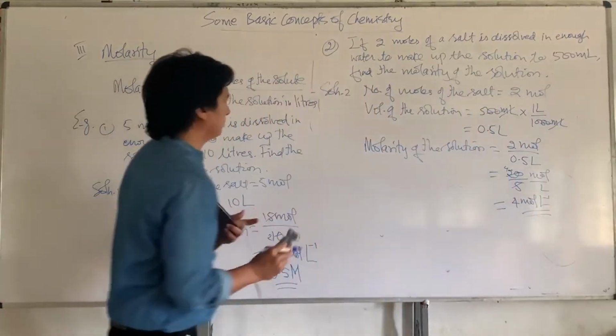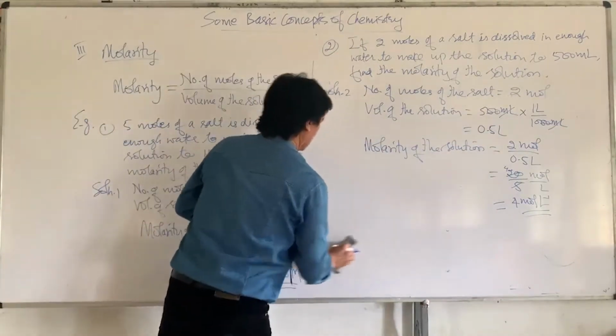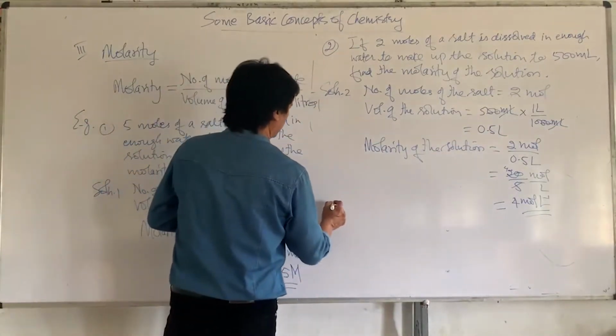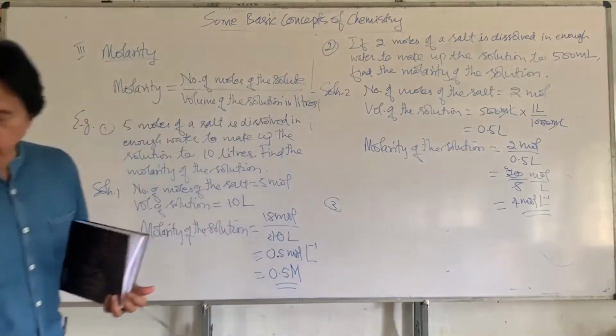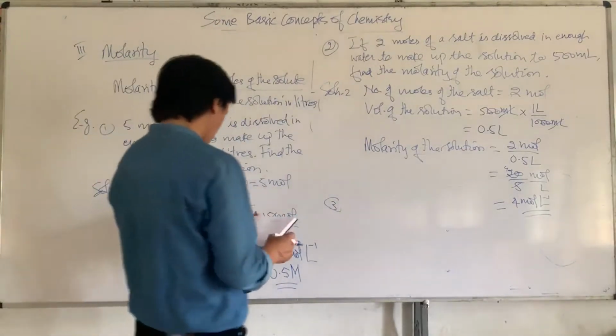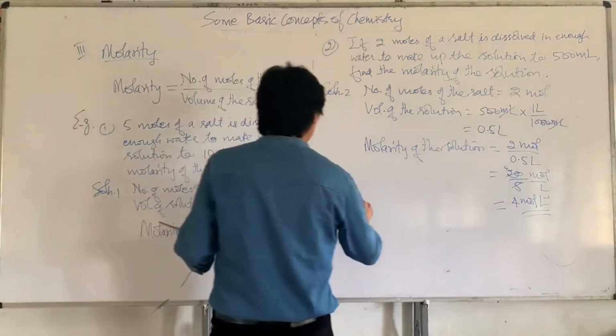This is the answer. Now the next problem for you to work out, maybe let's say there is a small twist. The third one.